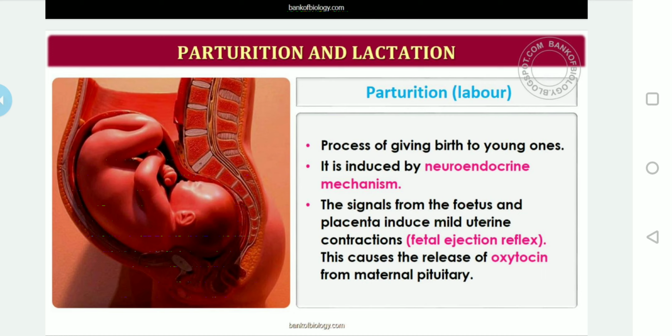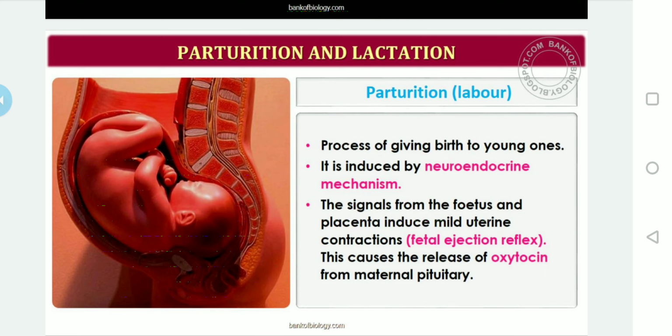Then the signals for the parturition originate from the fully developed fetus and the placenta, which induces mild uterine contraction called fetal ejection reflex. I told you earlier, and while we were discussing in the last year also, it is just like interconnection, interdependent, interrelated to each other, isn't it?